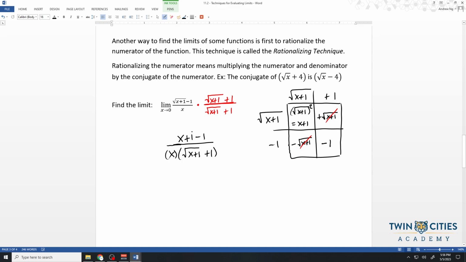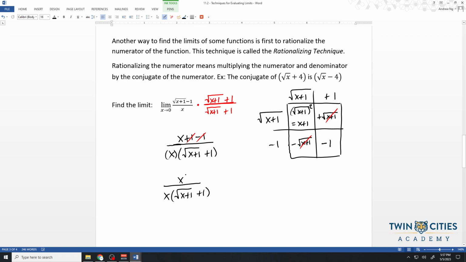Then on the top, I've got 1 minus 1. So those will subtract out, leaving x over x times the square root of x plus 1 and then plus 1.